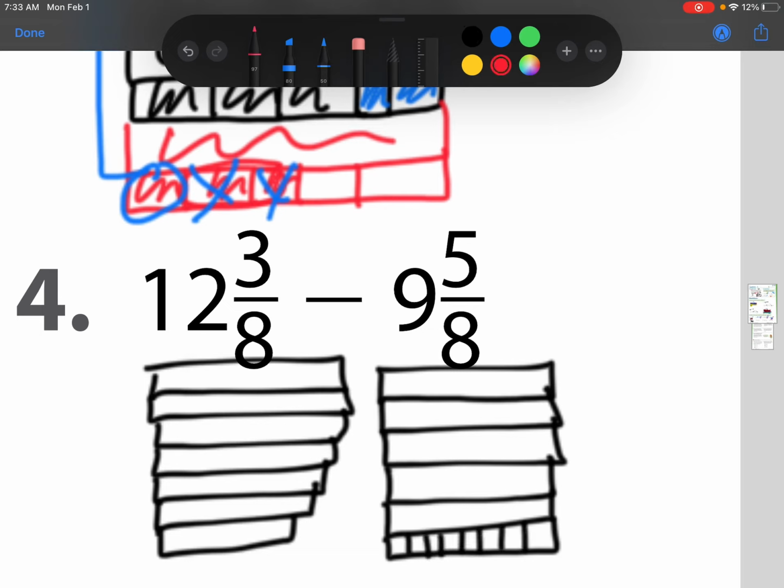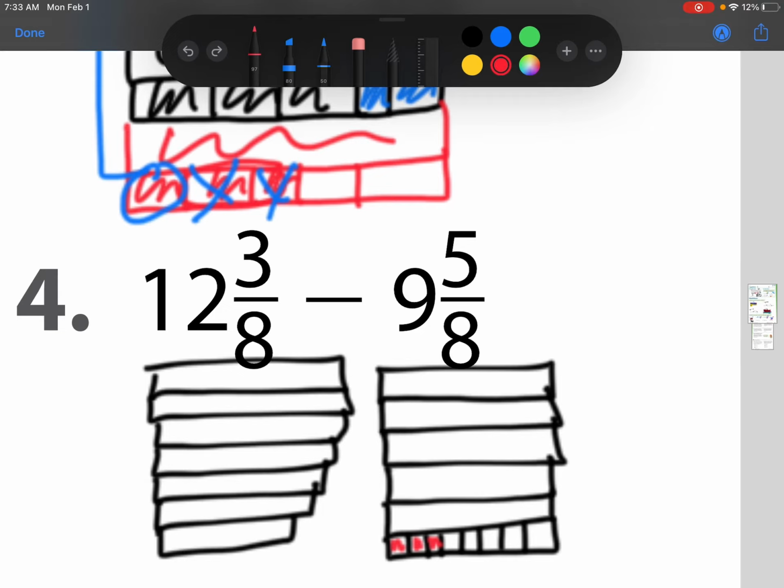And then we need to shade 3 of those in. 1, 2, 3. So notice making these models or using number lines or fraction strips takes a while when we use these big numbers. That's why we're going to switch to the standard algorithm, the shorter way to do it when we move to that lesson tomorrow.